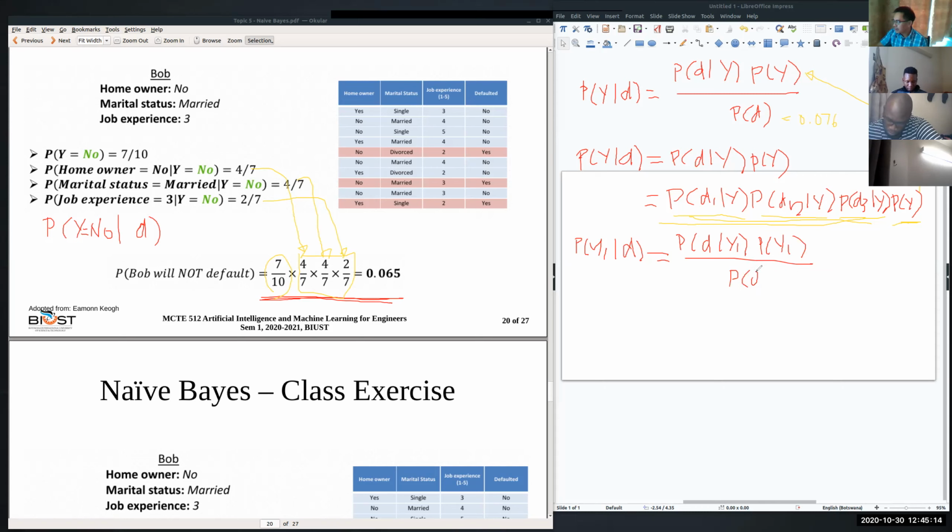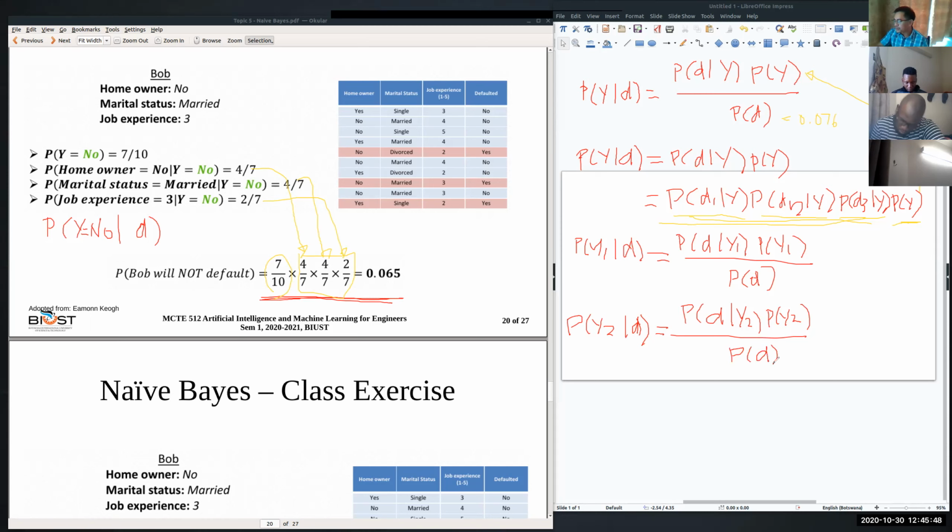And the other equation is the probability of y2, meaning he will default, given the same attributes, is equal to the probability of the attributes given y2, which is the yes, he will default, times the probability of y2, divided by the probability of the same attributes.